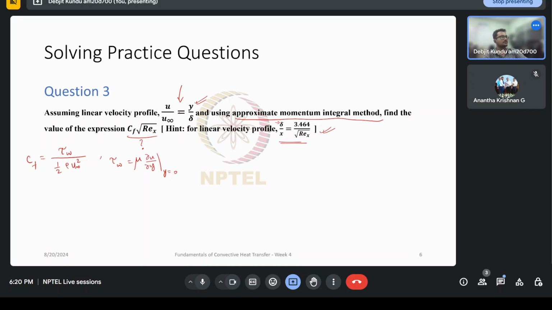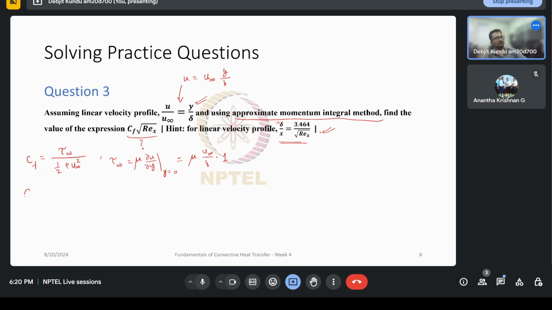We know the expression for u: u is equal to u infinity into y over delta. So u infinity and delta are constants, so it's mu u infinity by delta. And if I differentiate with y once, I'll get 1. So that's tau wall.